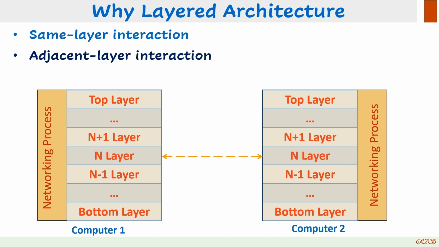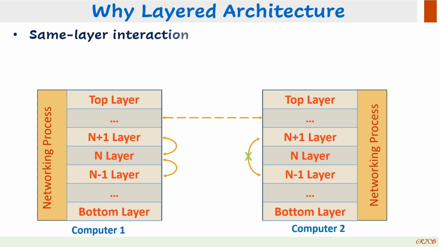Same layer interaction happens when two devices communicate with each other, that is, when one computer sends a message to another computer. But if the same computer forwards a message from one layer to another layer, adjacent layer interaction happens.